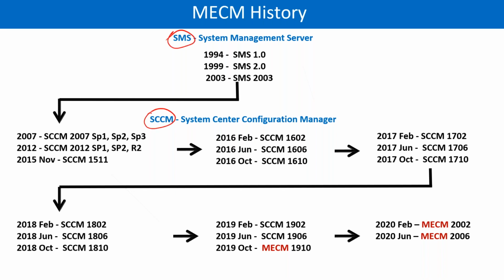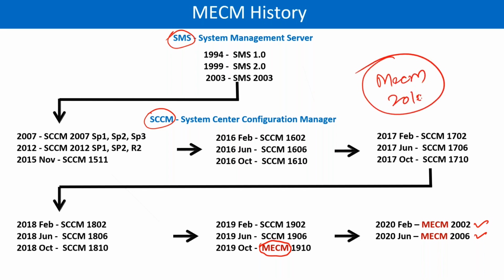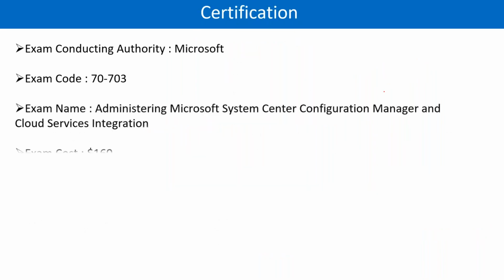Then in 2007 they changed the name to SCCM, and then they changed the name again to MECM, Microsoft Endpoint Configuration Manager. The versions include 2002, 2006, and the latest version of MECM is 2010. Last year they released this version. Clear? Okay. Microsoft Endpoint Configuration Manager.